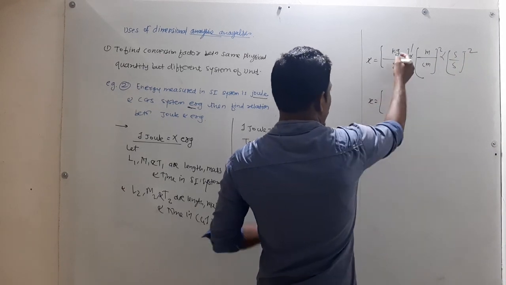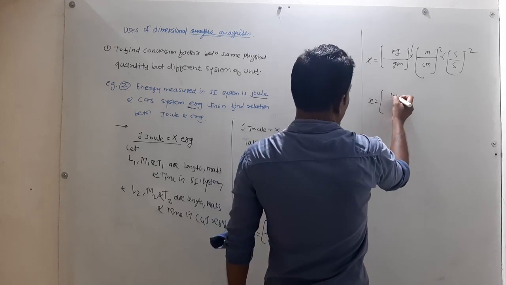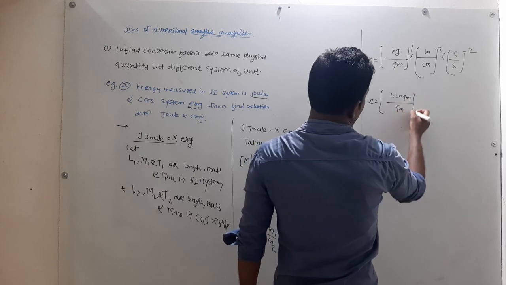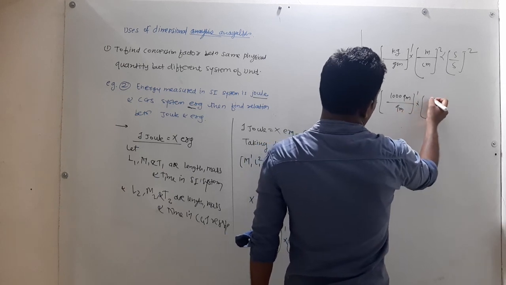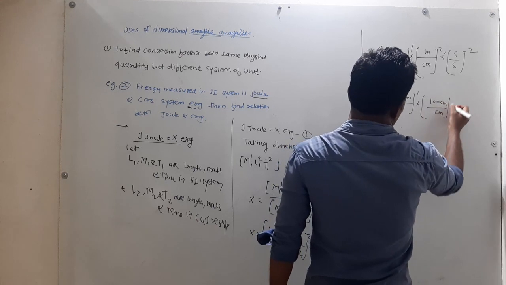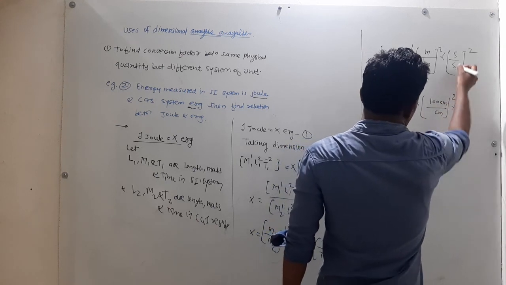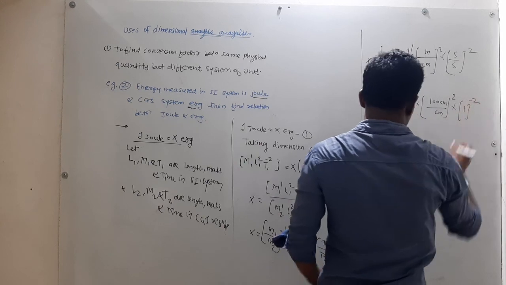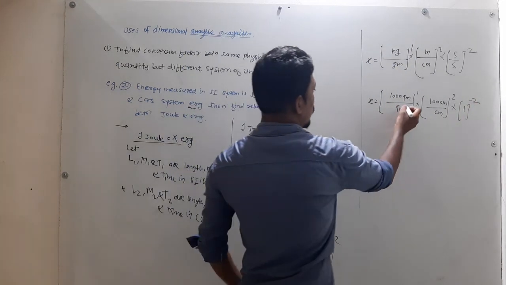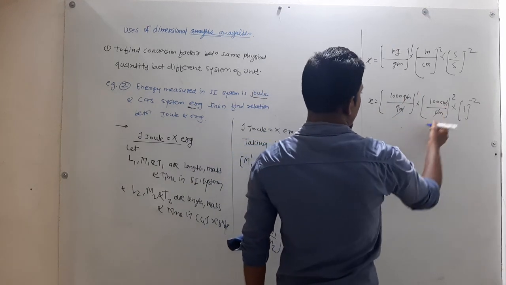Again, x is equal to 1 kg is how many gram? That is 1000 gram, upon gram raised to 1, into 100 centimeter upon centimeter raised to 2, into second upon second, that is 1 raised to minus 2, right? This centimeter gets cancelled.